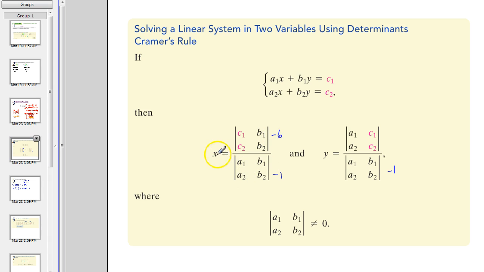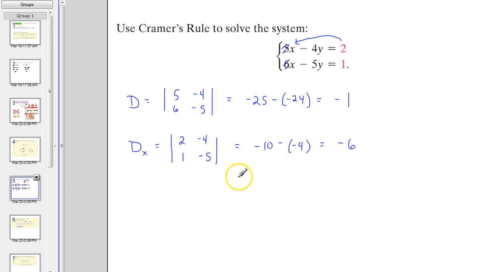So what have we done? We just solved it. x equals dx over d, which is -6 over -1, which is just 6. So I know the x coordinate is 6.